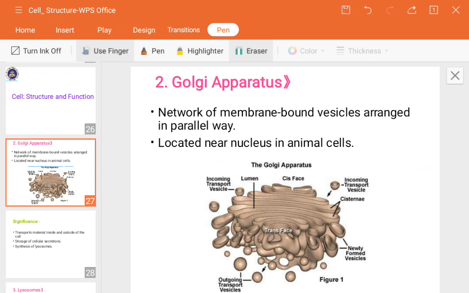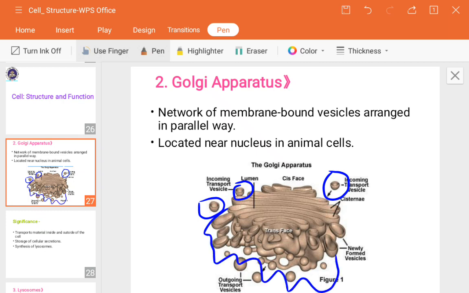Next, it also has vesicles. Where are the vesicles? These circular or spherical ball like structures are the vesicles.